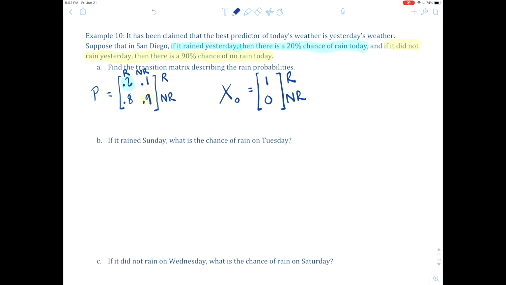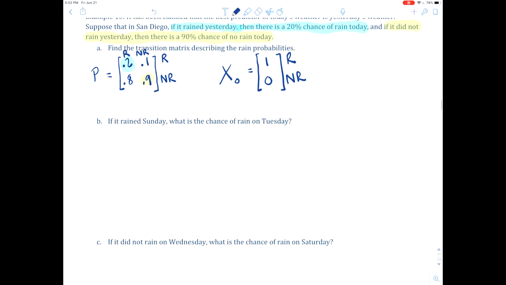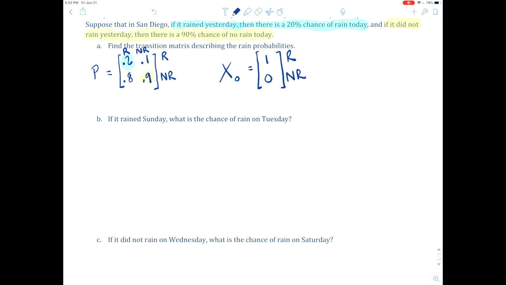So let's take a look at what happens. If it rains Sunday, what is the chance of rain on Tuesday? So Tuesday is 2 days later. So what did we learn last time? Beautiful. This is going to end up being P squared times x0 equals what?